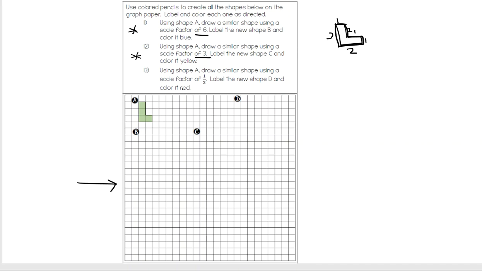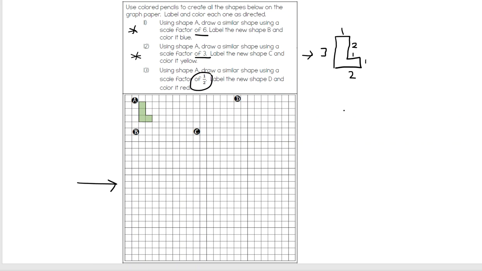For 13, it says using shape A, draw a similar shape using a scale factor of 1/2. And I want to help you with this one a little bit. So if you're using a scale factor of 1/2, that means you're going to take the numbers that you are given here and you are going to multiply them by 1/2, which is the same thing as dividing by 2.